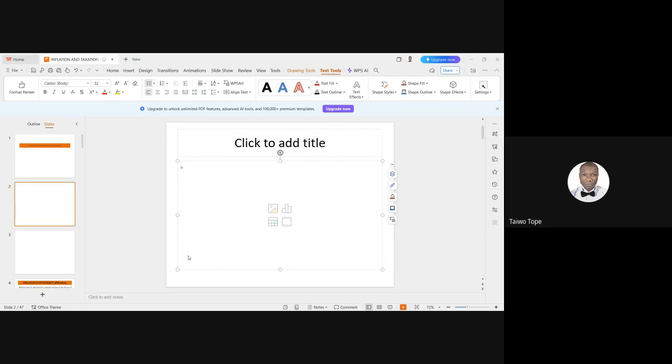Now, to calculate capital allowance, there are two approaches. They are not far-fetched from what you know. One, we have the straight line method.